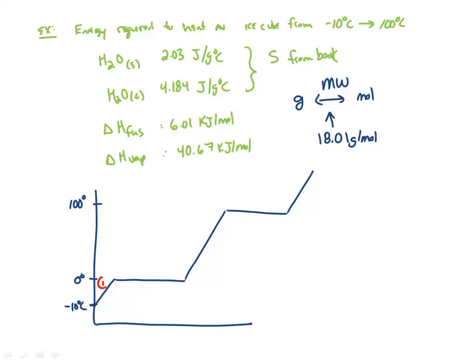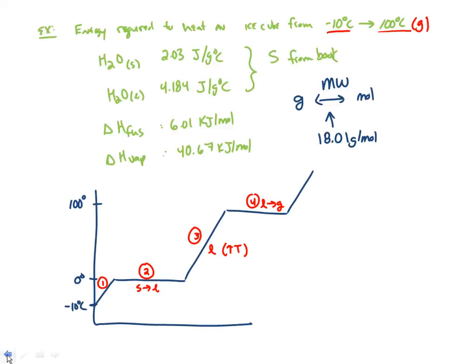I first calculate that step, then I calculate the amount of energy to go from a solid to a liquid, and then I'm simply heating the liquid, so I'm increasing the temperature, so that's step 3. And then step 4, I'm going from a liquid to a gas, because I want to heat the ice cube from minus 10 degrees Celsius to 100 degrees Celsius, and I want that to be a gas. So I've really got 4 steps in that process.